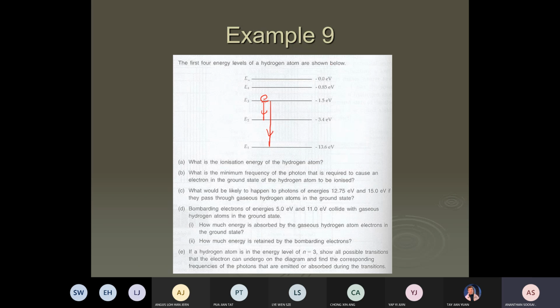Another one is where the electron jumps to 2 and then goes from 2 to 1. So the electron at 3 can jump to 2 or jump to 1. Like I told you, like stairs, the ball drops down, and the ball is the electron. There are many ways you can use this energy. The first one maybe jumps to 2 and then 1 by 1. Maybe the electron, already dropped to 2, can jump to 1.